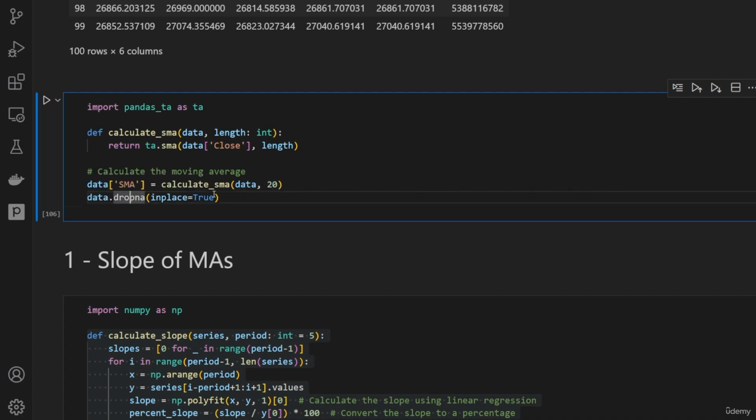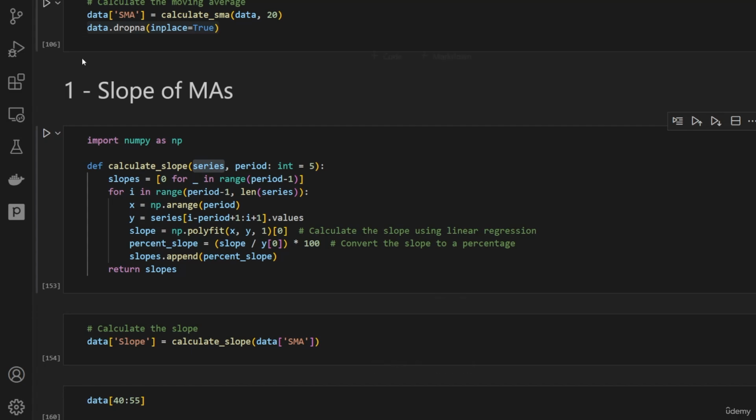Then we're going to dropna, because the first few rows are going to be NaNs, not a number, because of the simple moving average with length 20. So the first 20 rows don't have values, because we need at least 20 rows to get the first SMA value. We're going to drop these because we don't have a moving average value there.